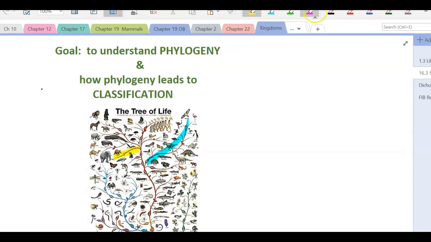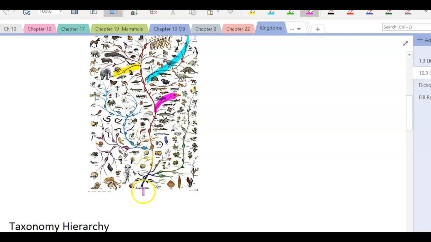Classification then is the identifying of all the organisms on every branch and how they're all related to each other, which we know then we can trace back down to the root at the origin of life, which would be the bacteria we studied in our chapter on evolution.